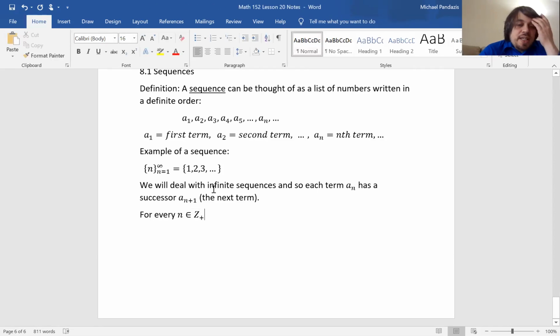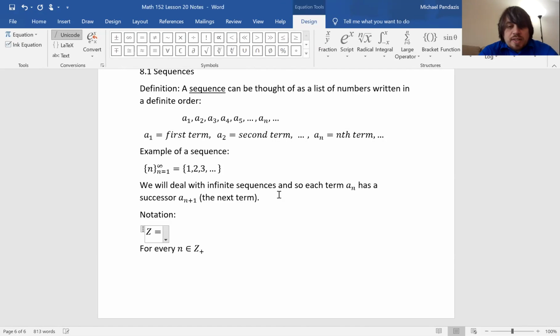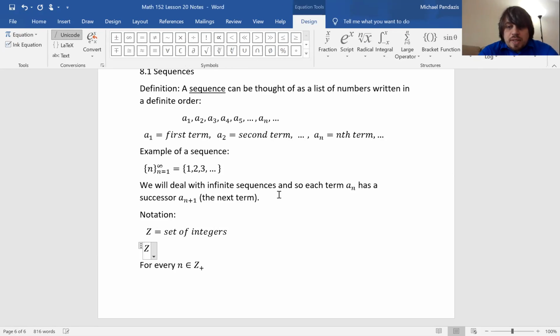Z represents the set of integers, and Z sub plus represents the set of positive integers.